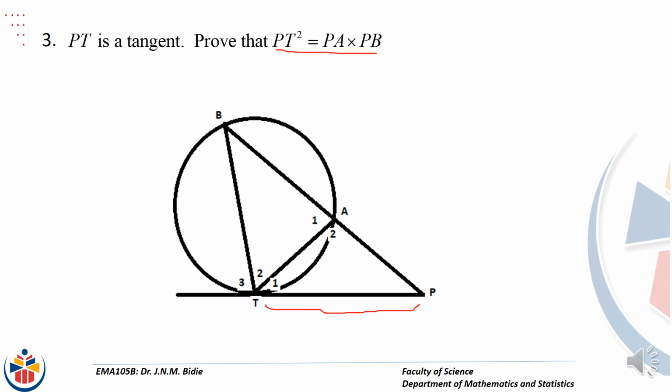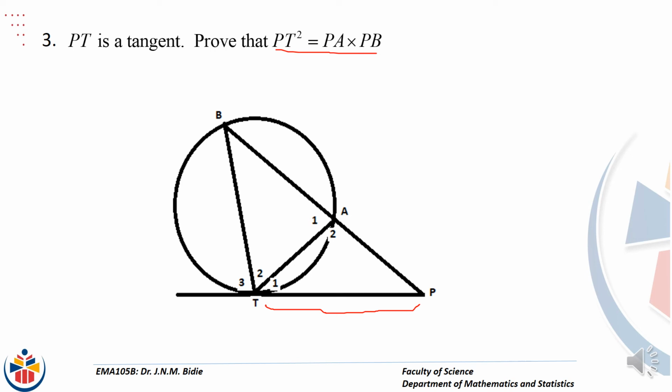Then, because B is equal to T1, and we had said A1 is equal to T3, we are able to say that T1 plus T2 in the big triangle equal to A2.